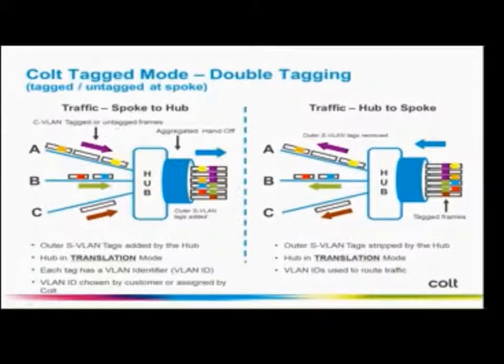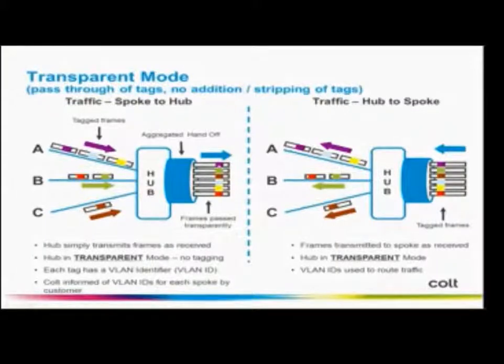This is with dual tagging, so we have the marking for the VLAN itself and the customer markings, and here we have just the customer marking to separate his networks, and we know where to send it. So we have multiple colors or multiple VLANs for one site, and we define that together with the customer.